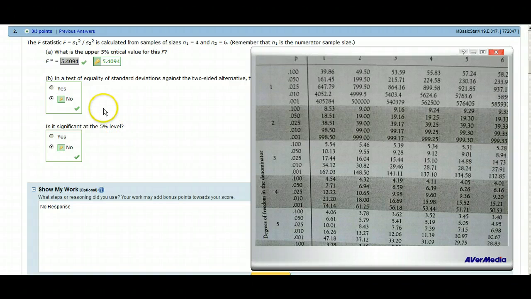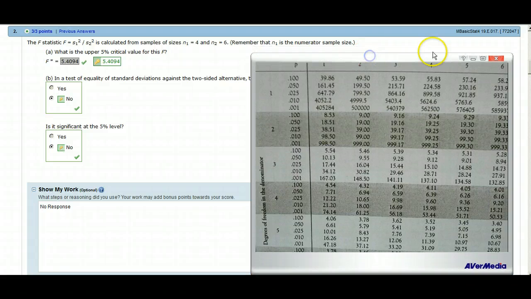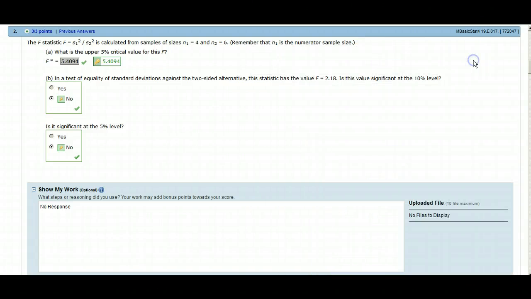So if we didn't reject at 10%, we're not going to reject at 5%. If you'll remember, in the 3rd column, 5th row at the 5%, it had to be greater than 5.41. And since it wasn't greater than 3.62, it's not greater than 5.41. So we would not reject at that level either.